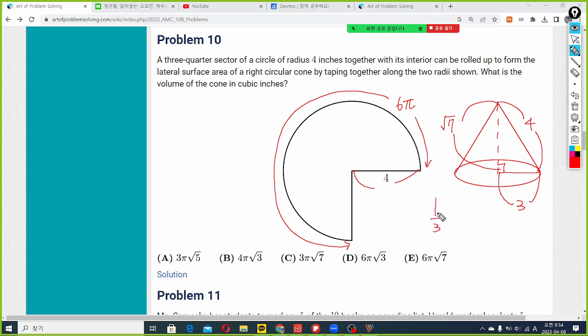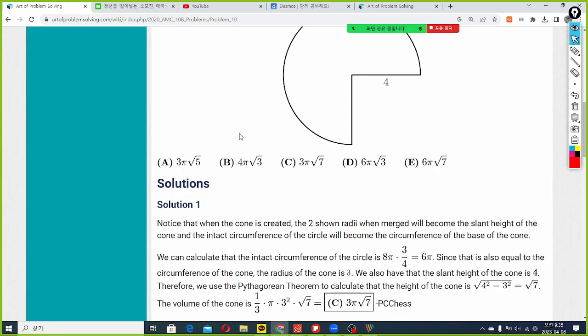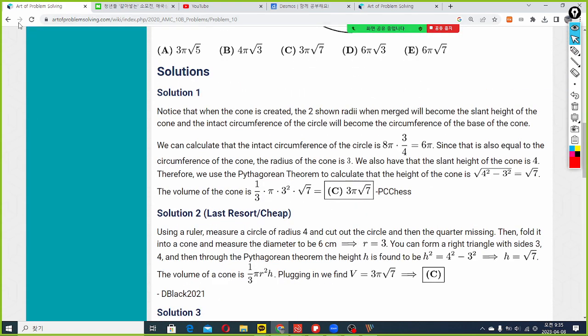Yeah, the volume formula is 1/3 times this. Okay. C. Yep, this is the answer.